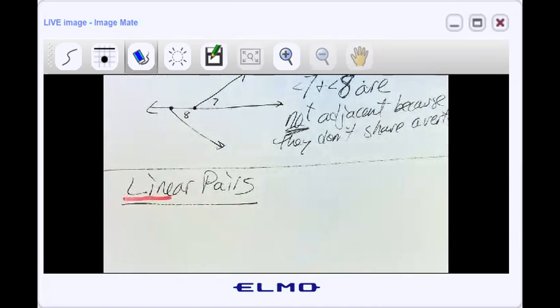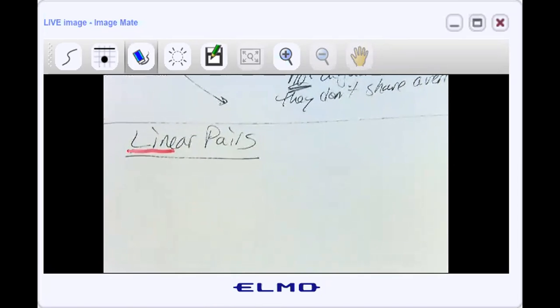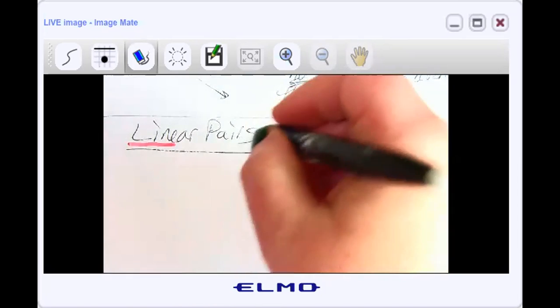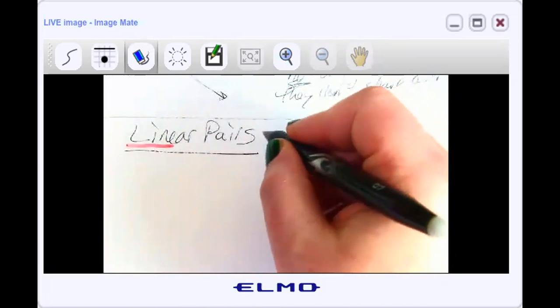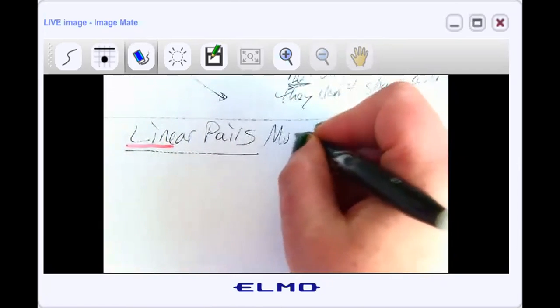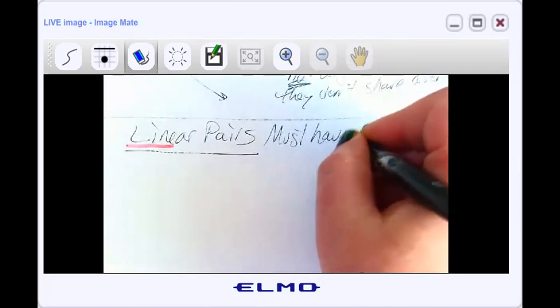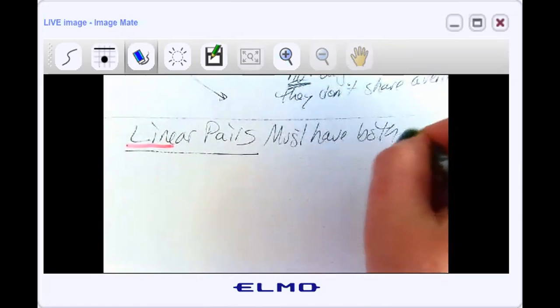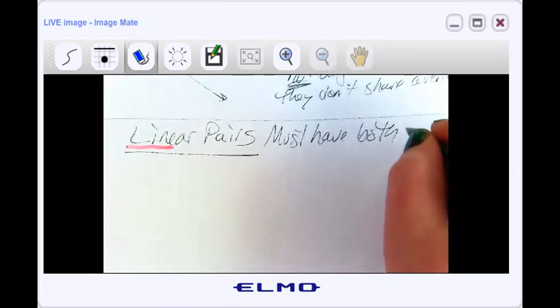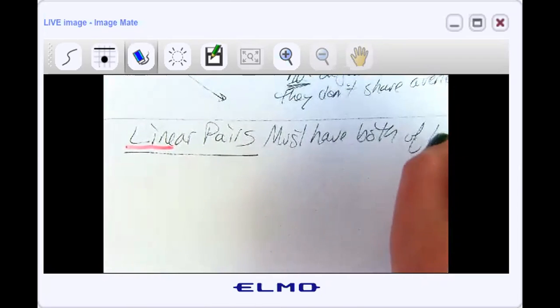If you just shorten linear, you get line. So lines need to be on our brains here. So here's what you need for a linear pair. Linear pairs must have both of these.